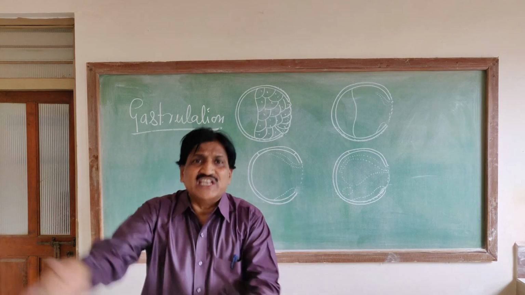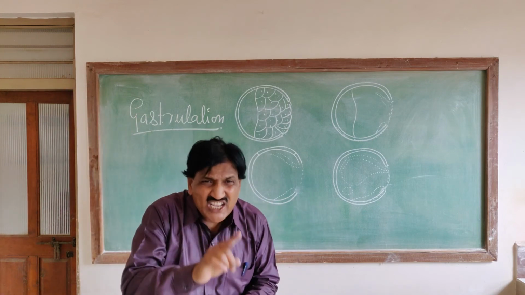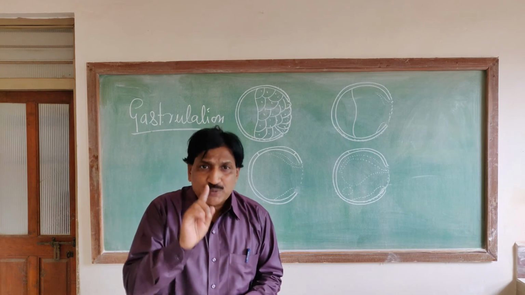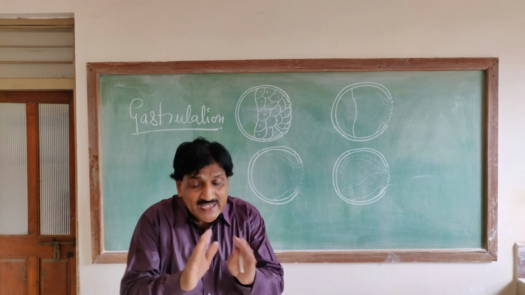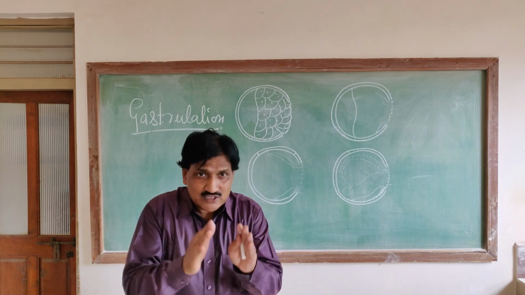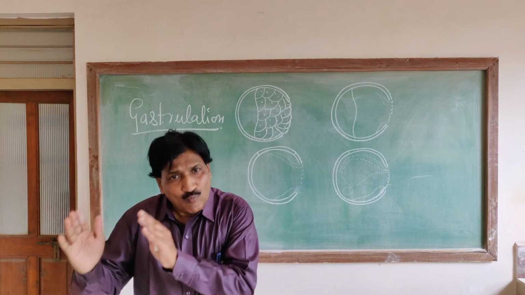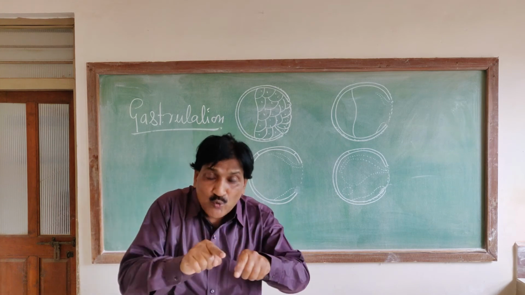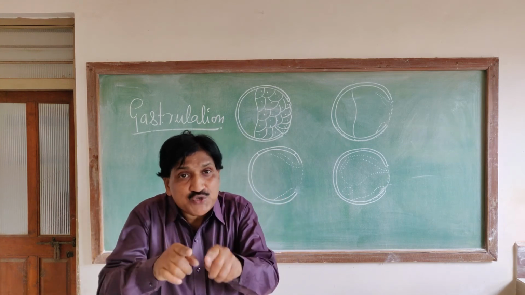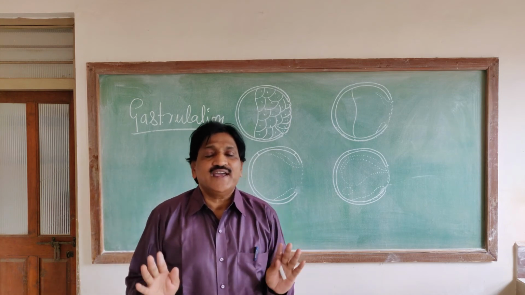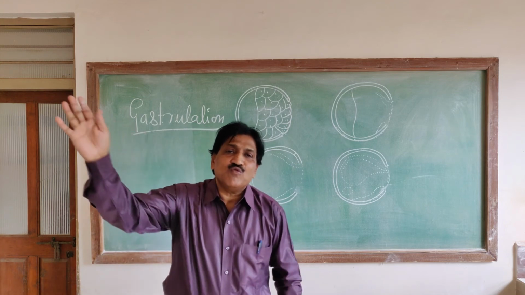Such a specific kind of movement of blastomeres during gastrulation is called morphogenetic movement.